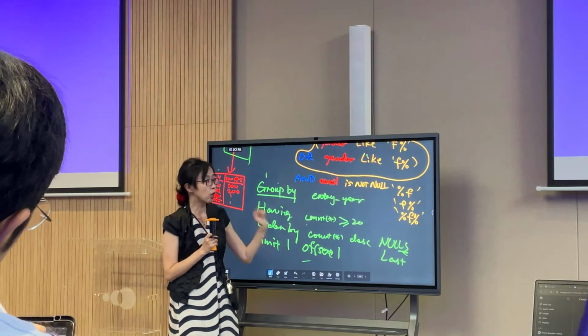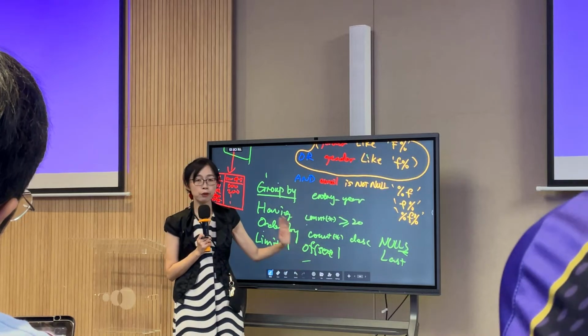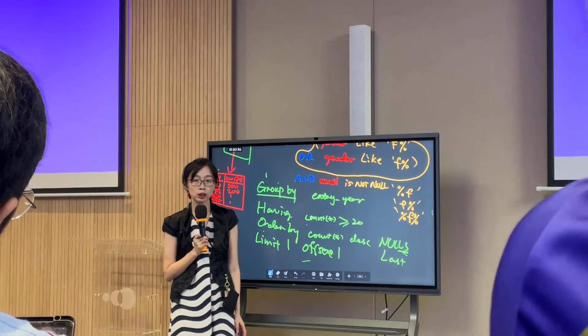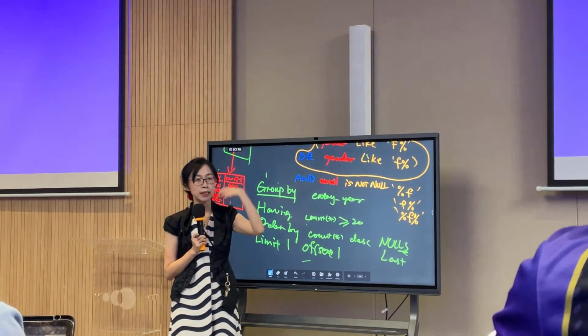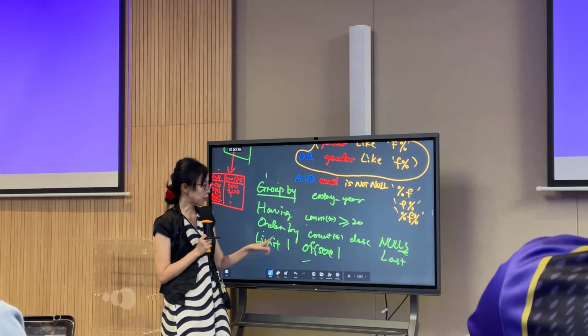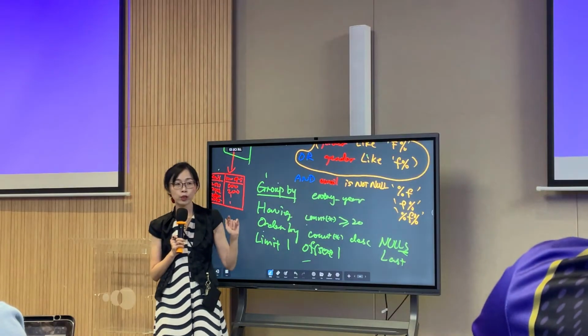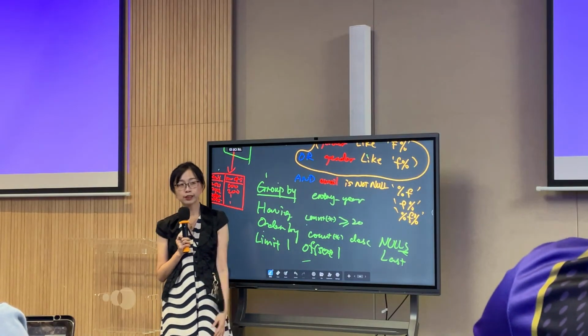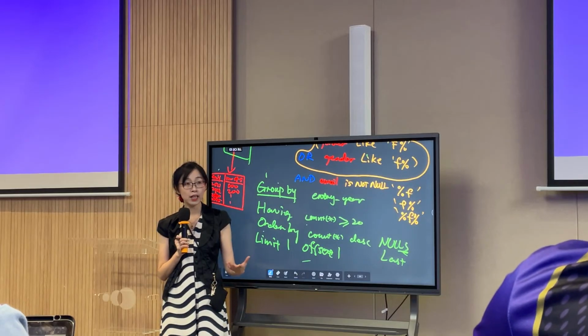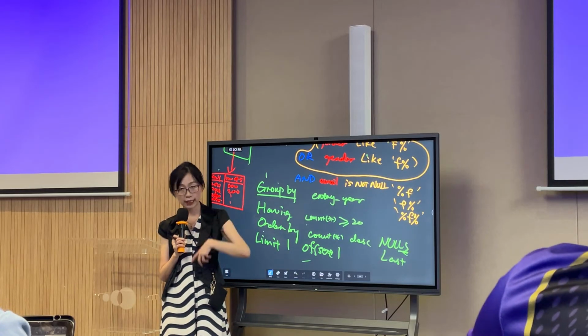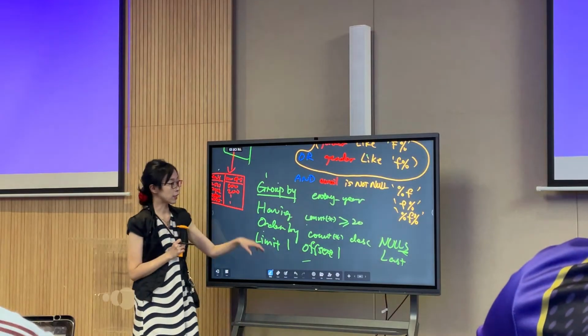Tell me, offset and limit, which is performed first? Offset, right? You have to skip, then you take. So this one is the second one.